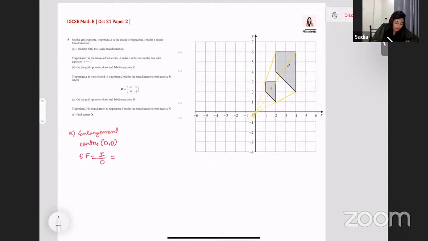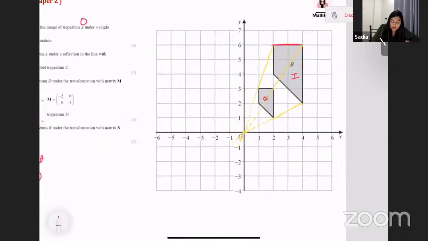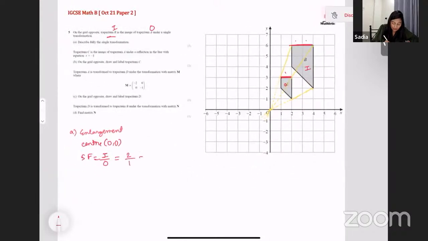Next, I need the scale factor, which is image by object, right? B is the image and A is the object. You can select any side. Suppose I'm selecting this horizontal side. The distance is 2 boxes, whereas this is 1. So 2 by 1, 2.